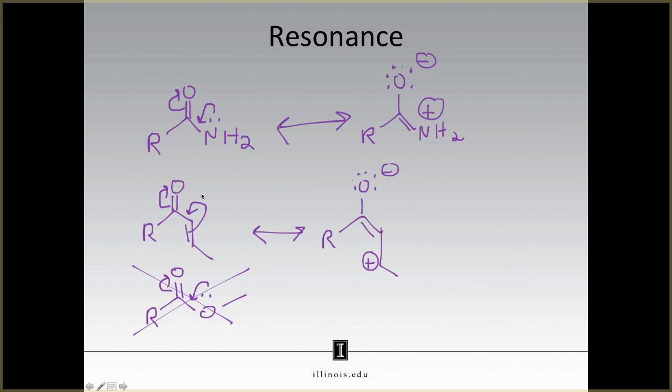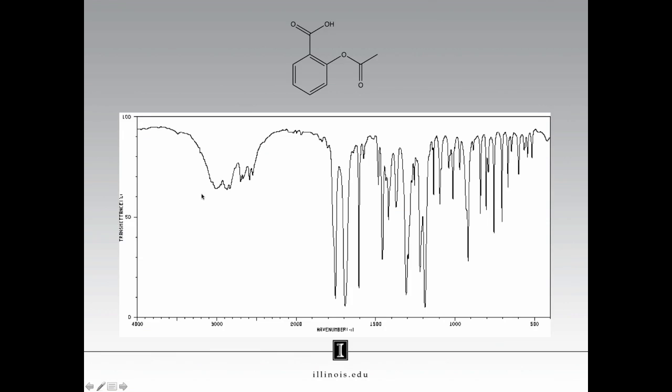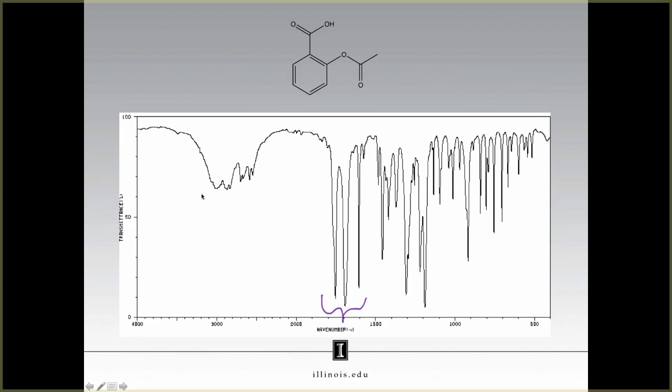Using this information, we can now explain why we saw two carbonyl stretches in the IR spectrum for aspirin. Here at roughly 1700, we had two carbonyl stretches. We have one at approximately 1750, the one on the left, and one below 1700, the one on the right. What this tells me is that the one below 1700 belongs to either an amide or it is a conjugated carbonyl.